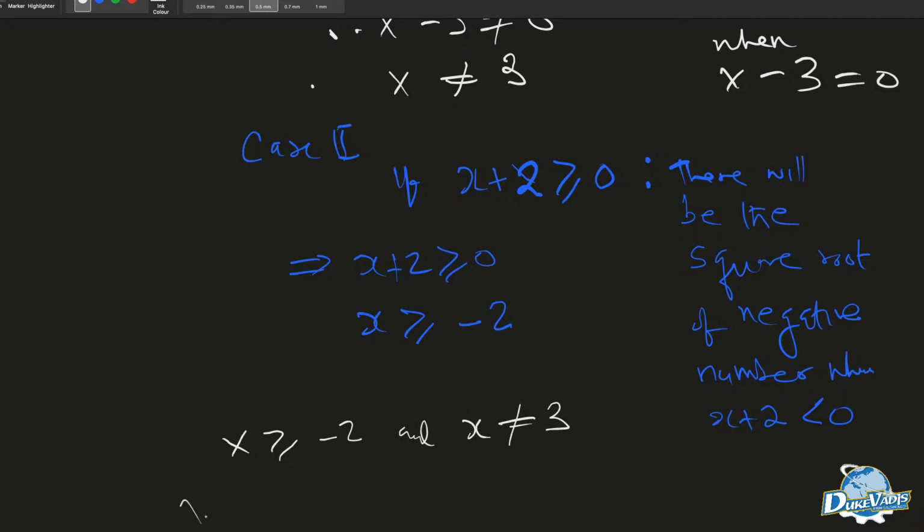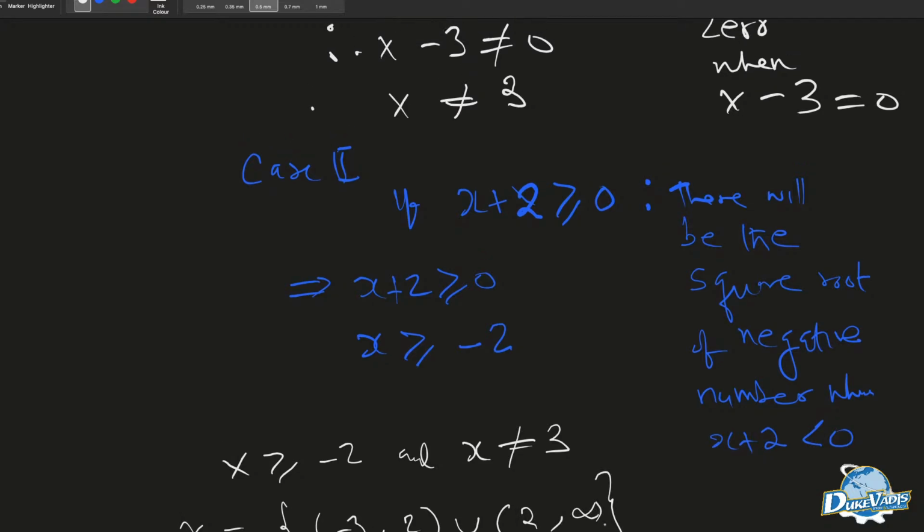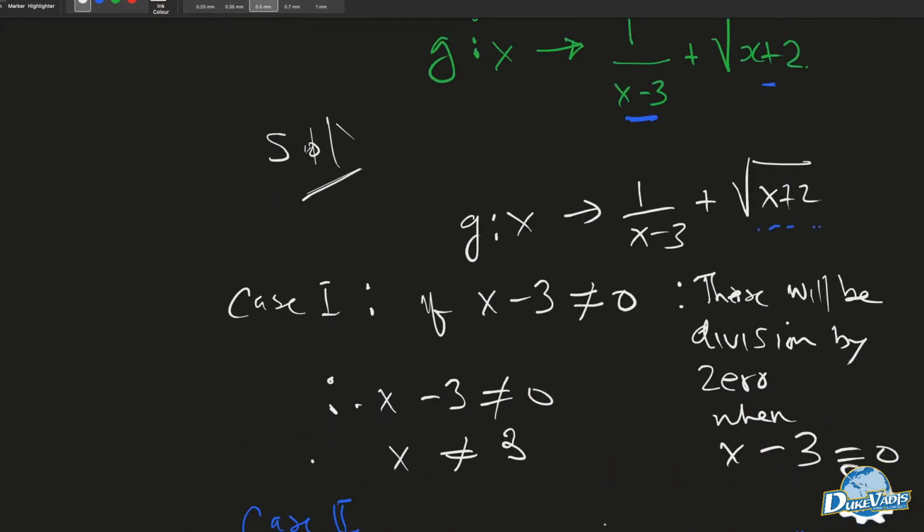So the domain will be negative 2 to 3, and 3 to infinity. This will be the domain of such a function.